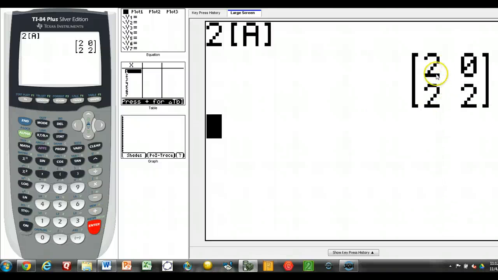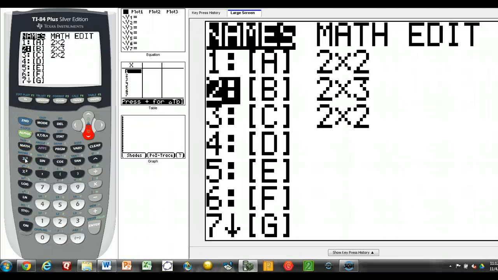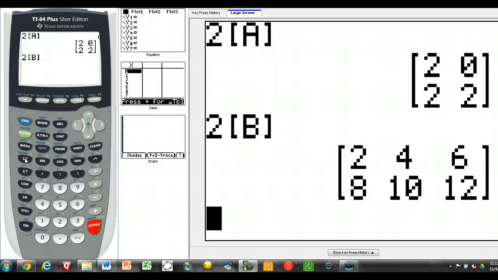Recall that matrix A was 1, 0, 1, 1. And scalar multiplication, all that is kind of the distributive property. Each element inside this matrix was multiplied by the scalar, which in this case was 2. Let's find 2B. So just pull up matrix B. And there it is. And then 2C is going to be very similar.